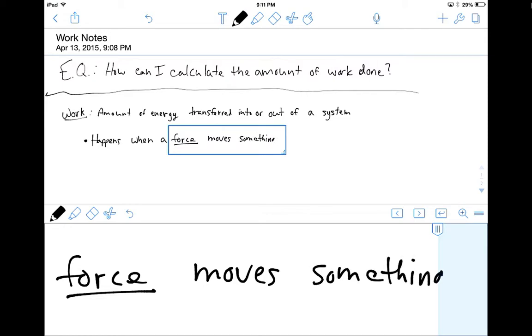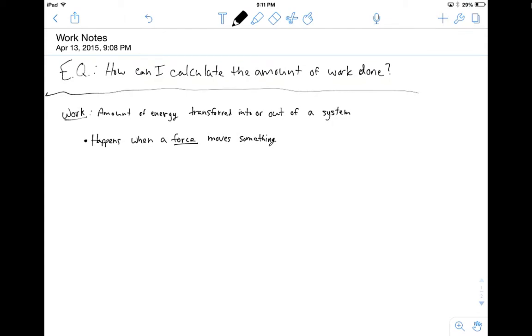What's really important to remember here is that the force has to move the object. For instance, if I push against a wall, I might apply a force to the wall, but if I don't move it, I'm not doing work. So this move is a really important part of what defines work. Work has to move something.